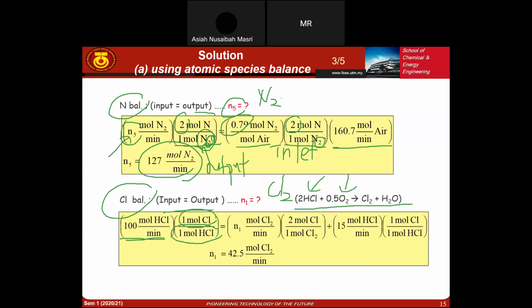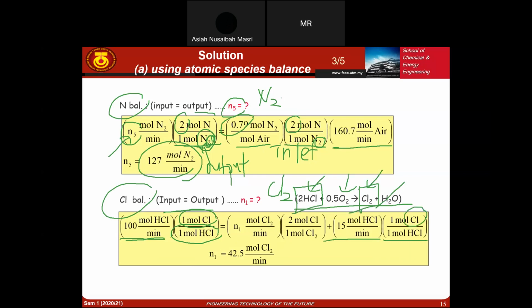How about the output? The output chloride comes from Cl2. It does not come from H2O, but remember that we also have excess HCl. Because there are 15% excess, we have 15 mole HCl per minute excess, and for every 1 mole of HCl, there will be 1 mole of Cl.